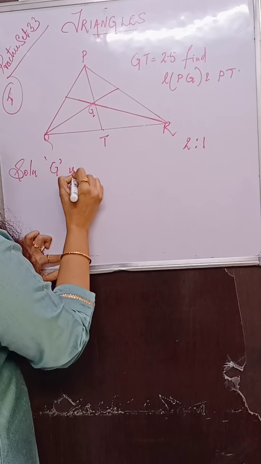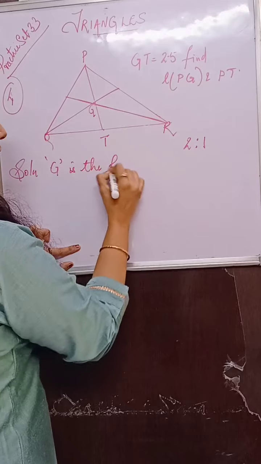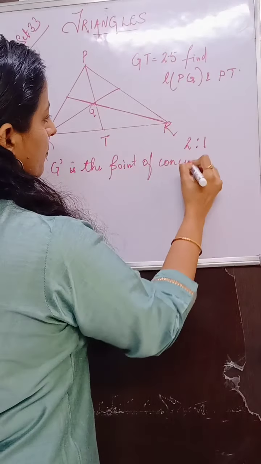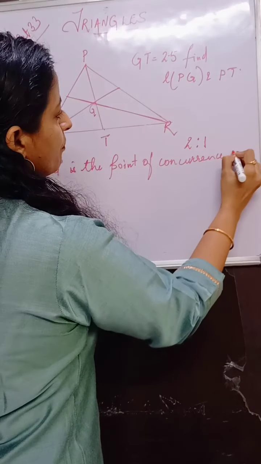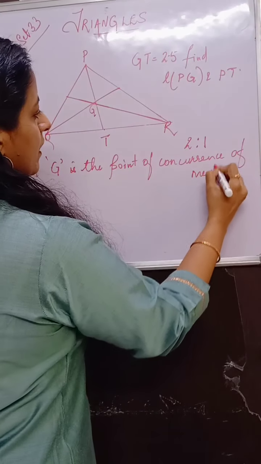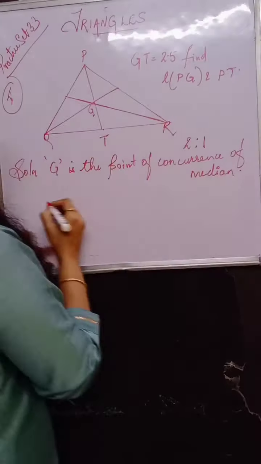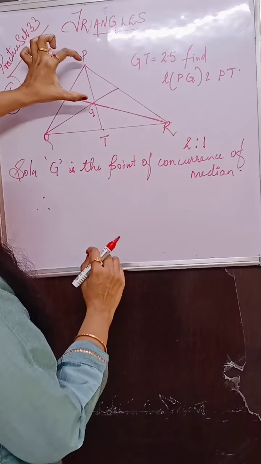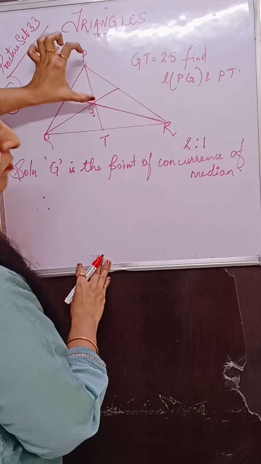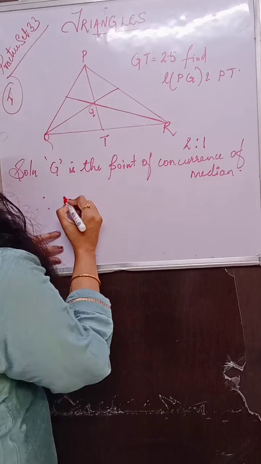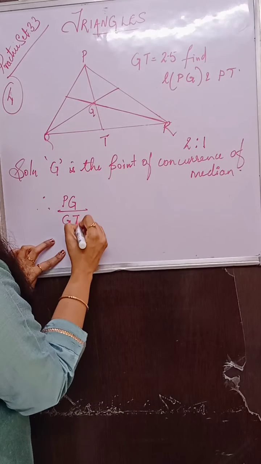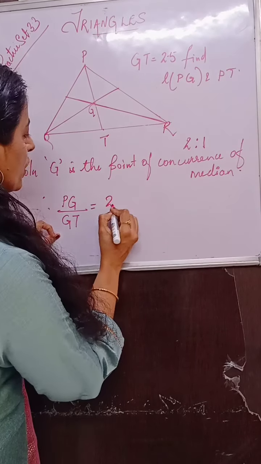G is the point of concurrence of median. This is given. Therefore, how can we write the ratio? Start from the first vertex P. P to centroid G will be PG upon, remaining part is GT, is equal to 2:1.